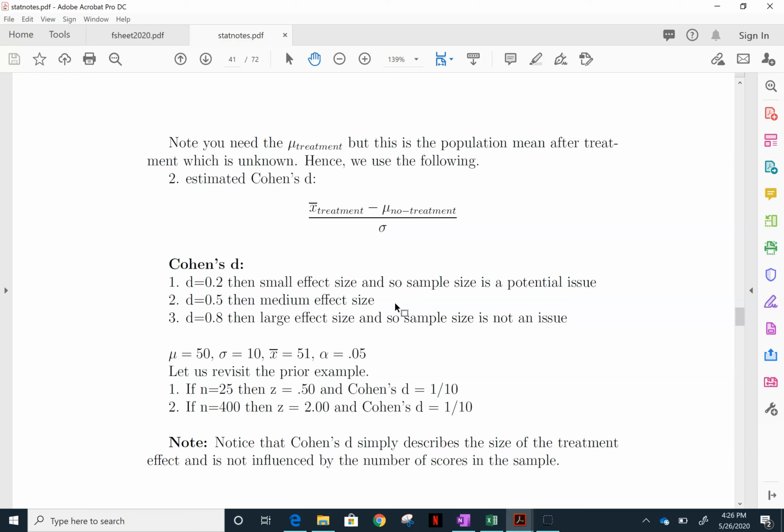Anything under 0.2, you definitely have an issue. Sample size is driving your answer. You might want to do a restudy. If your d is above 0.8, you're good. No effect by the sample size. If your d is between these, you might want to write, there are some concerns. Maybe we do a follow-up study just to really make sure my results were not based on the sample size and were based on real results.